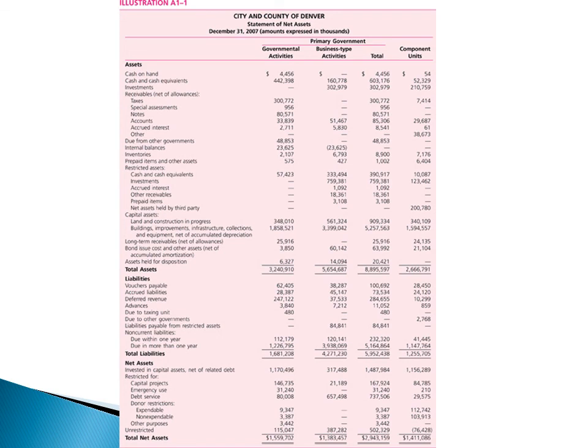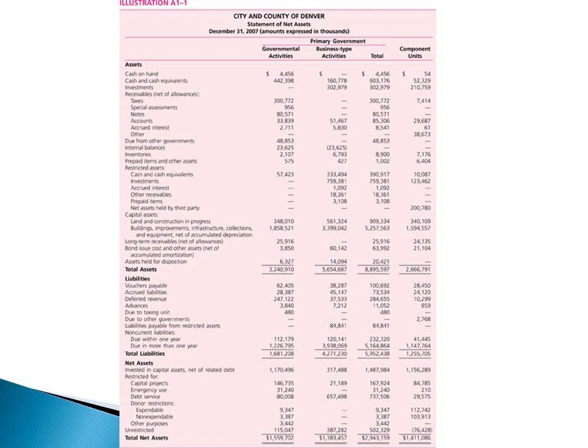The first statement we'll go over from the government-wide financial statements is the statement of net assets. You notice that the previous financial statements we looked at have been classified as either governmental activities or business type activities. The governmental activities covers all the governmental funds as well as the internal service funds.